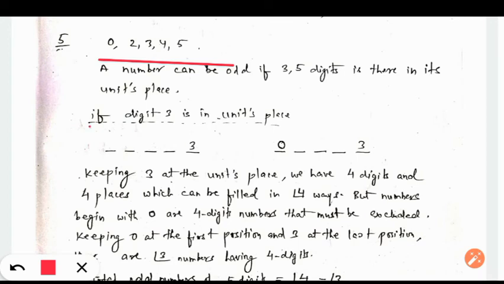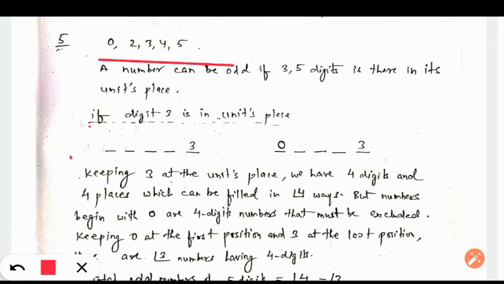And when can we say our number is even? When there is an even digit in the unit place, 2, 4, 6, 0, like this. And in the case of an odd number, there should be an odd digit 1, 3, 5, 7 in the unit place. So here we have 3 and 5 as odd digits.